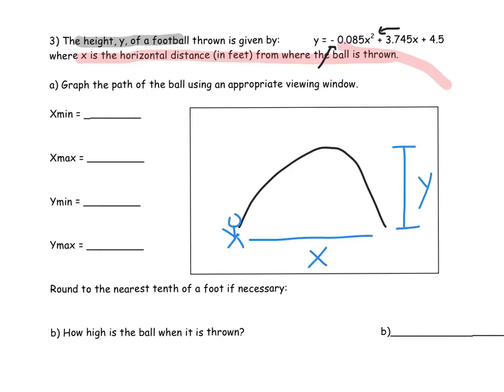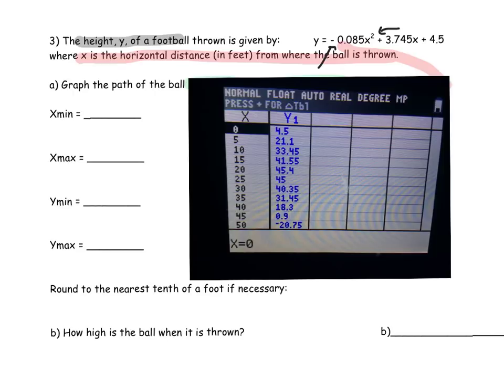So we're going to have to set up a viewing window, and it says use an appropriate viewing window. What we're going to do is enter this equation into our y equals screen, go to the table, and look at the values that we have in our table. X represented the horizontal distance, and y represented the height of the football.